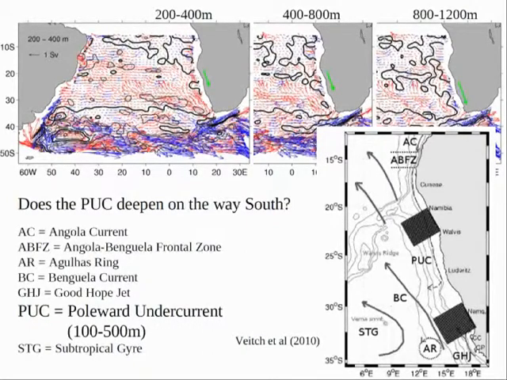And an earlier work here from 2010 showed the poleward undercurrent like this at 100 to 500 meters. So it's kind of this layer and a little bit into this layer. And what happens with the current afterwards? They show it going offshore. Well, maybe it's still going offshore and also going deeper, and sometimes continues south, and sometimes it doesn't. Who knows? Right now, I think we don't really know.